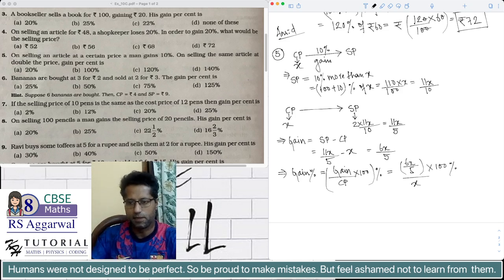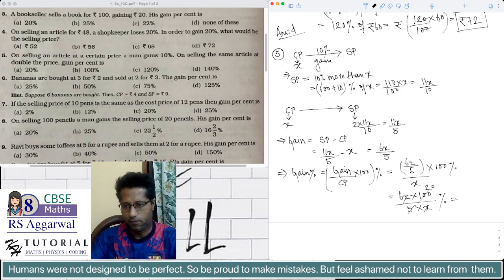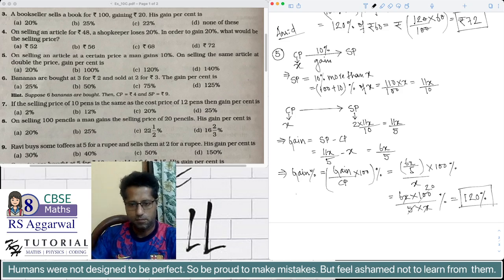This is equal to 6X multiplied by 100 divided by 5 into X. X cancels out, 5 divides 100 to give 20, and we have 120. 120 percent is the gain percentage. So the correct choice is C. C is the correct choice.